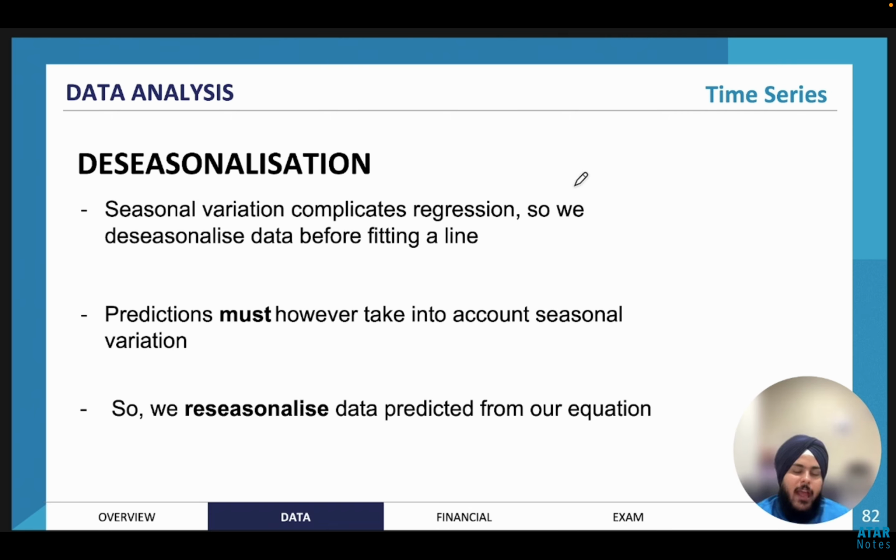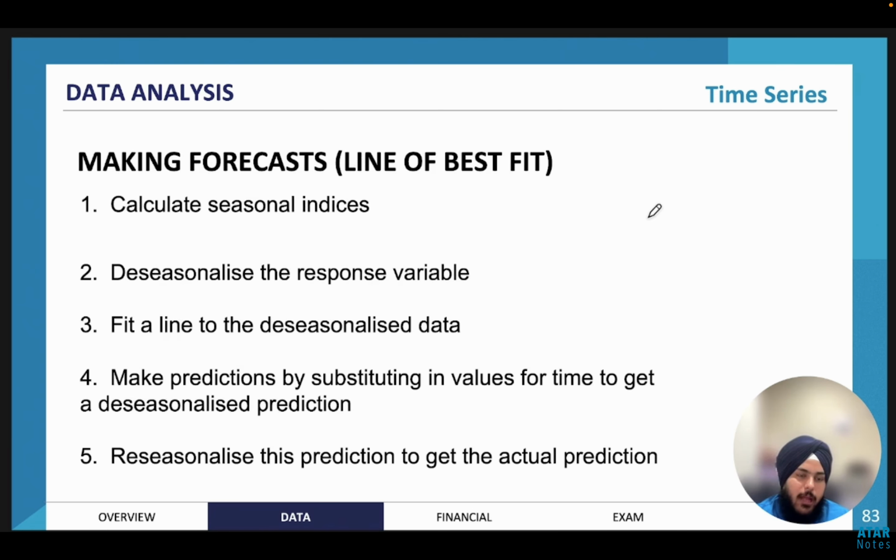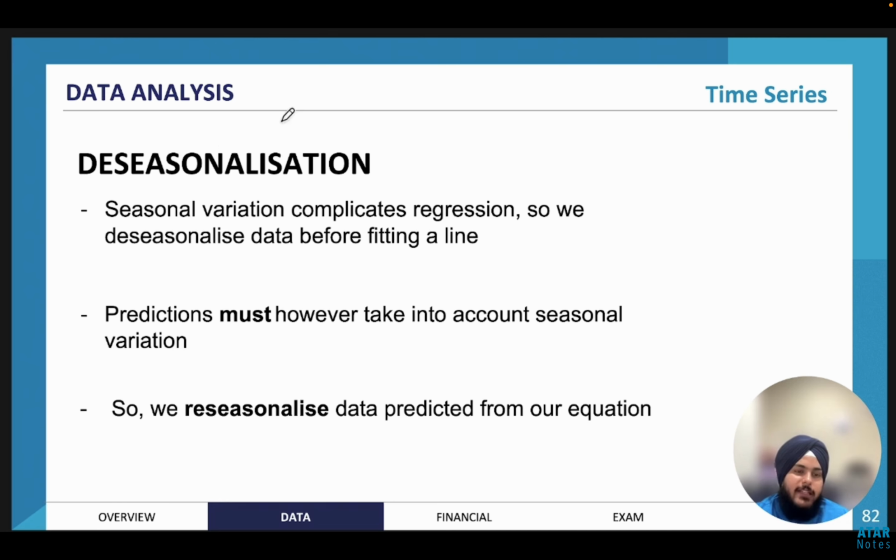There is a formula in your summary book for this, which you will be using all the time. The deseasonalized value is equal to the actual figure over the seasonal index. Once you've deseasonalized, you will get a set of deseasonalized values.